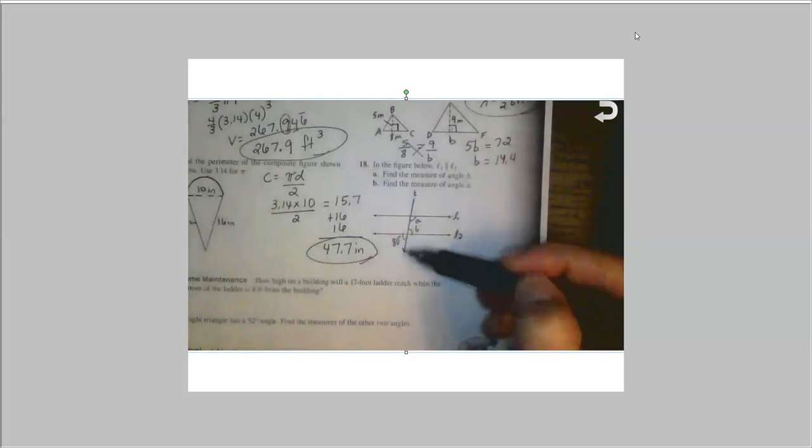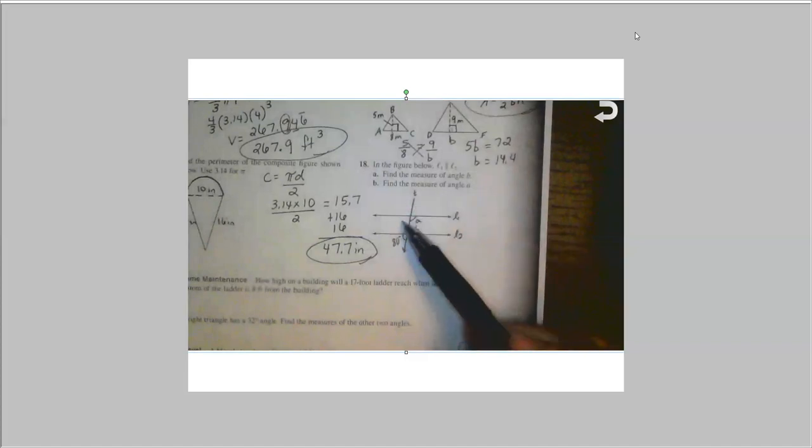Okay, in number 18, we've got 2 parallel lines, line 1 and line 2. They are cut by transversal T, and they create quite a few different angles. But like we mentioned before, all of the acute angles are the same measure, and all of the obtuse angles are the same measure. So 80 degrees is an acute angle.